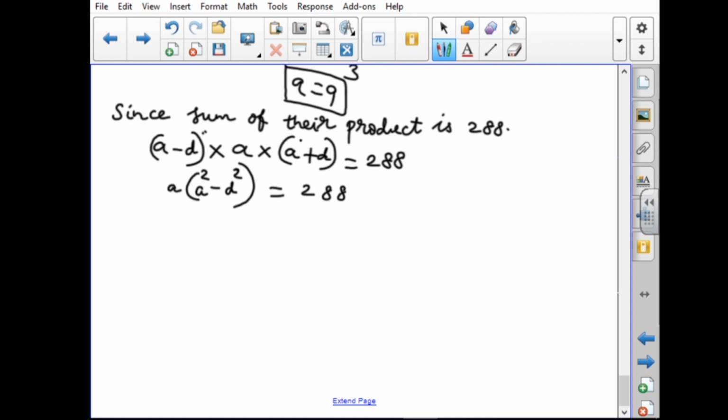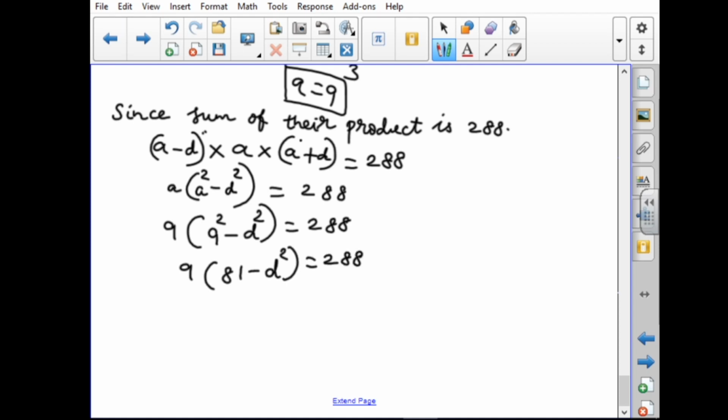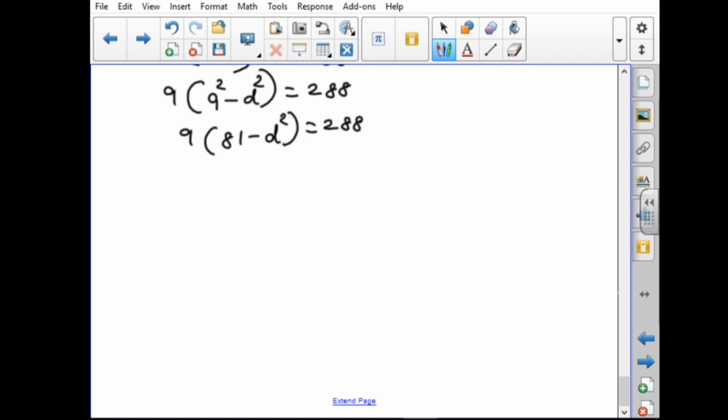We know the value a equal to 9. So we have to substitute a equal to 9: 9 into (9 square minus d square) equal to 288. We have to bring the 9 to this side, so 81 minus d square equal to 288 by 9.